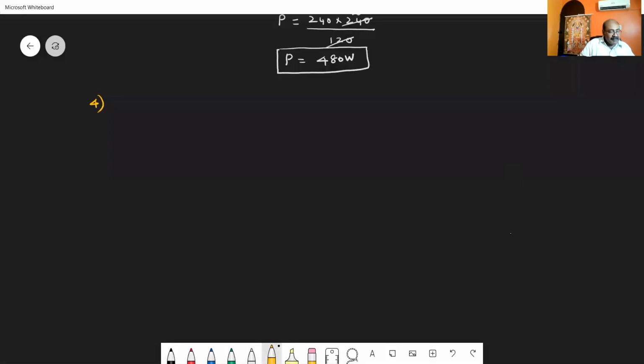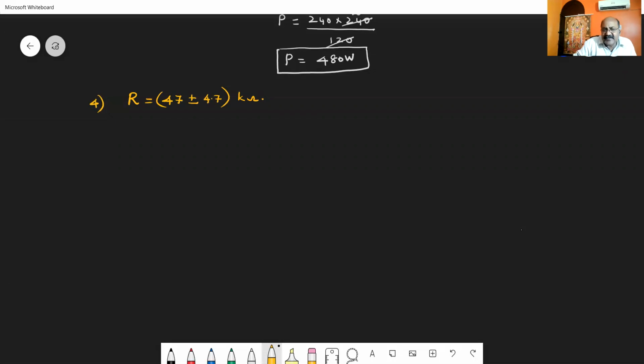The question number 4: a carbon resistor of 47 plus or minus 4.7 kilo ohm is to be marked with rings of different colors for its identification. The color code sequence will be, the value of the resistance given is 47 plus or minus 4.7 kilo ohm.